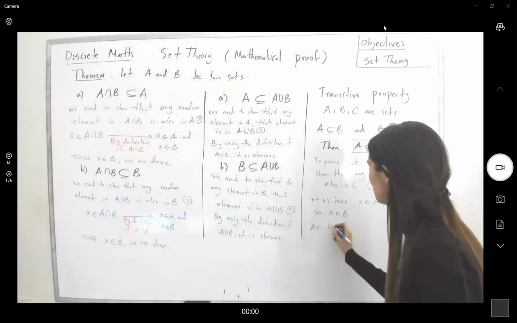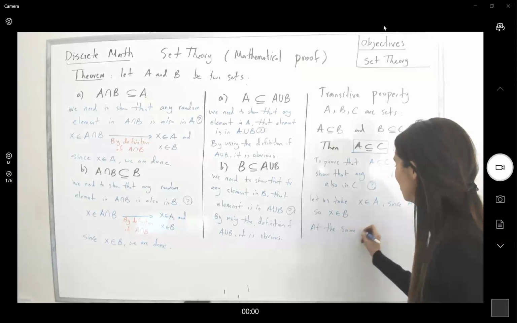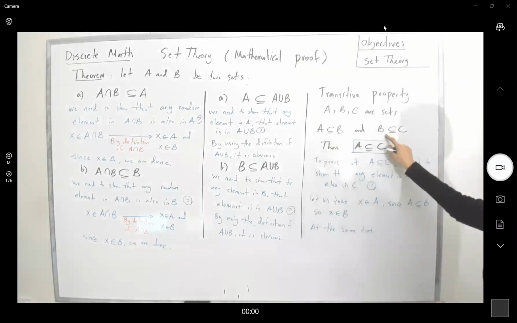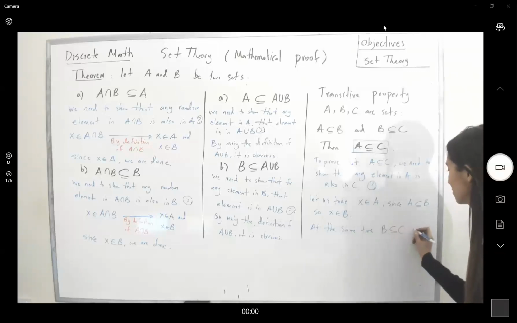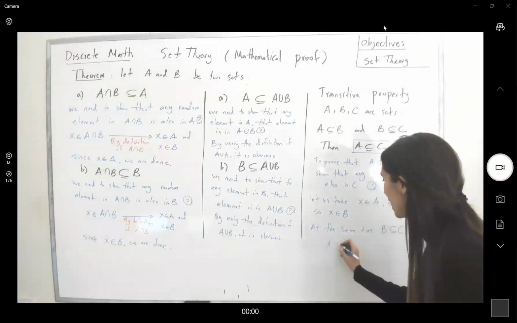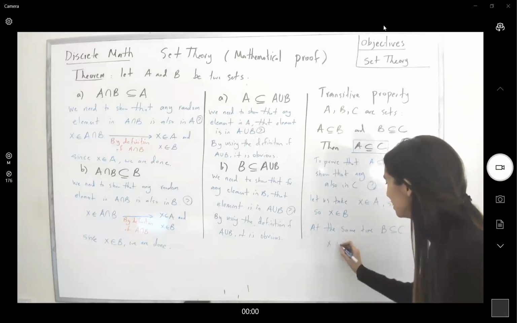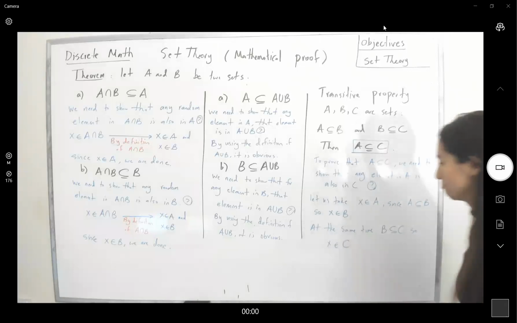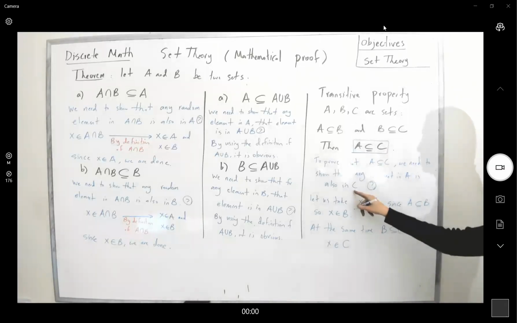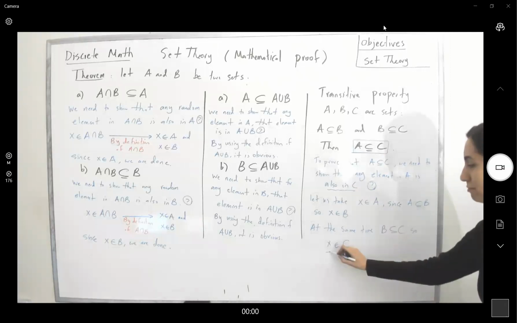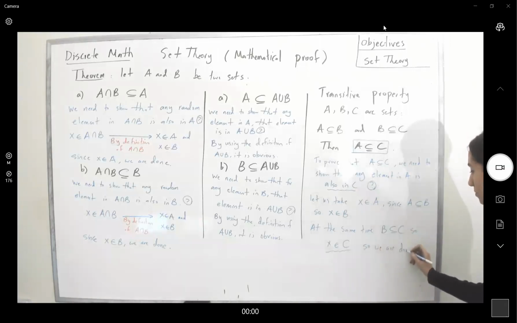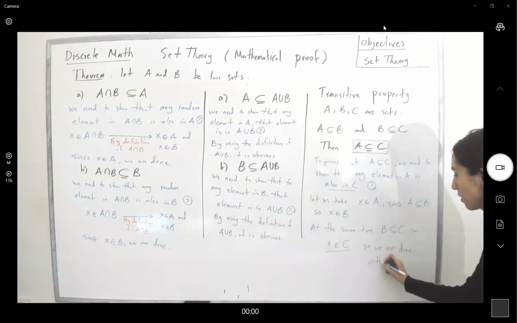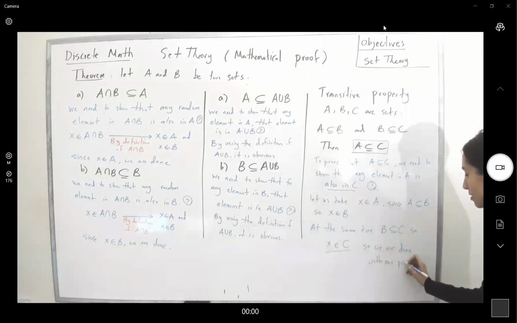At the same time, B is a subset of C. So X must be in C. Are we done? Yes, we're done. So we are done with our proof.